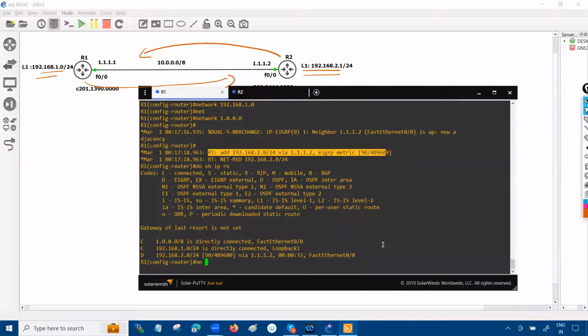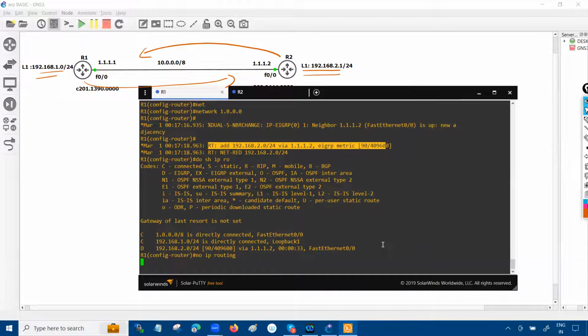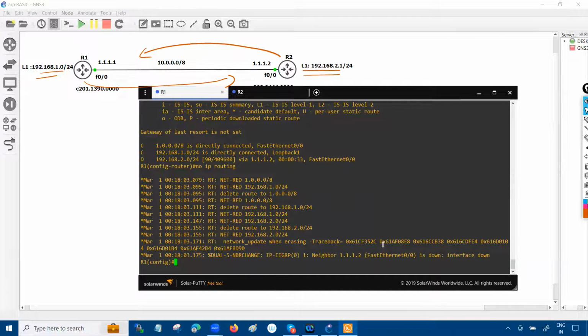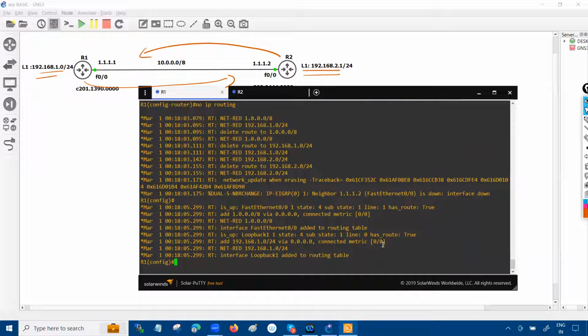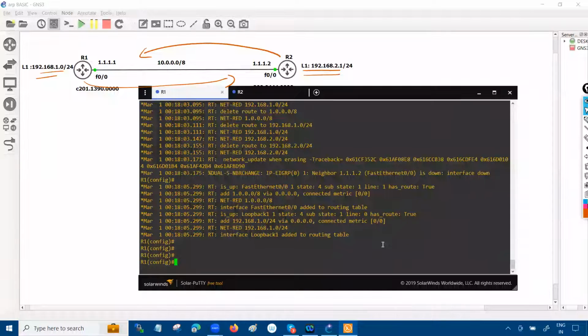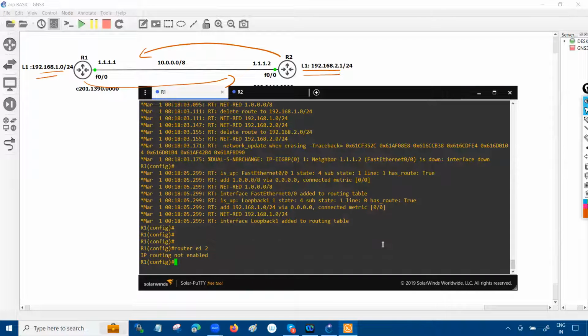So even if I say no IP routing, what happened? Everything will be gone. Everything. And even with no IP routing, if you put the command router EIGRP, for example 2, it will say, hey, IP routing is not enabled. So IP routing must be enabled to create the routing table, and at the same time if you want to configure any routing protocol.